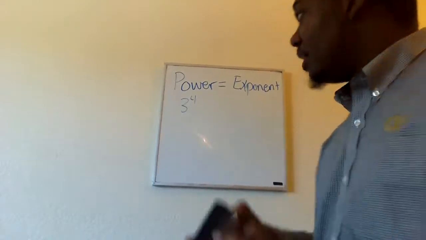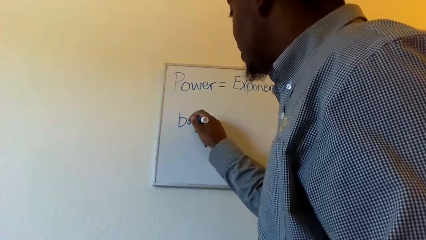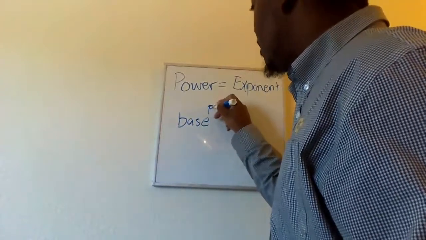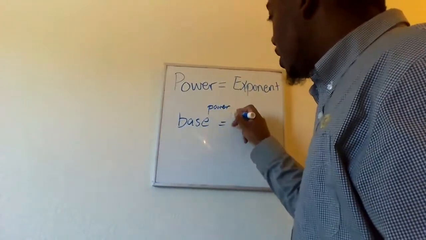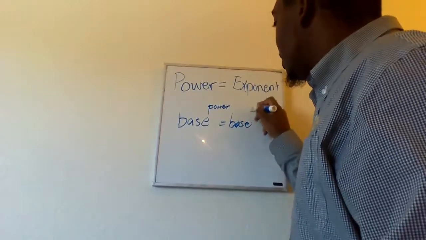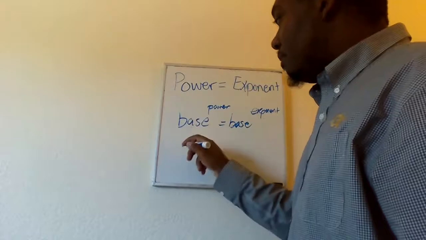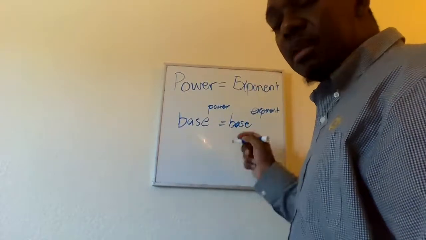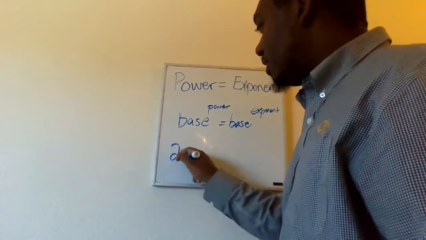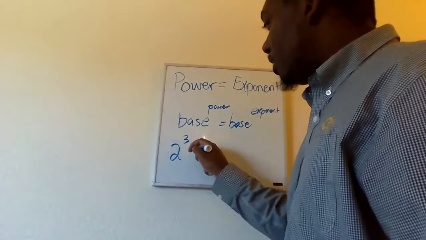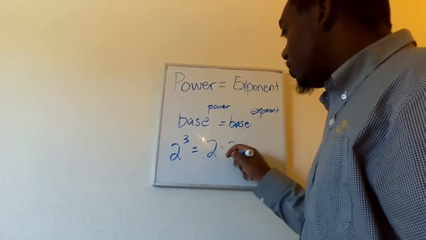Also, every time you have a base raised to a power, or you can call it a base raised to an exponent, your base is the number that you're going to multiply each time. So if you have a base of 2 and an exponent of 3, that would be 2 times 2 times 2.